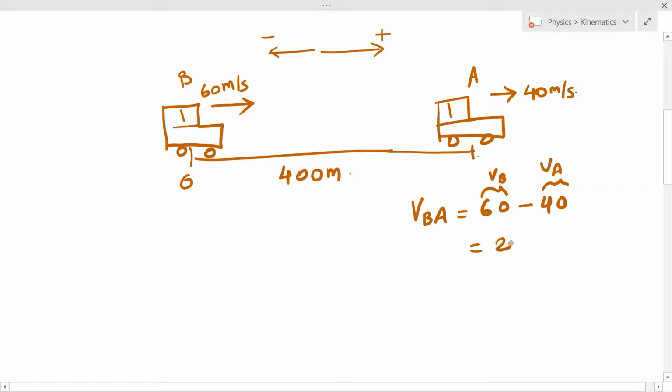So this will be 20 meter per second, and since it is positive, it is towards the right direction.